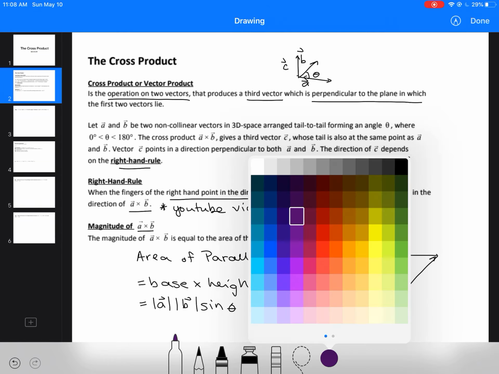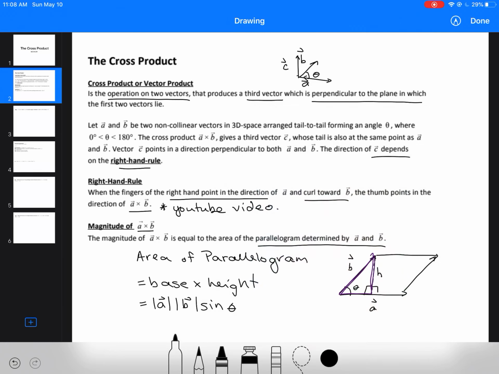So this is our expression for the cross product of A and B. We can say that the magnitude of A cross B is equal to U times V sine theta, based on this connection to the area of the parallelogram.